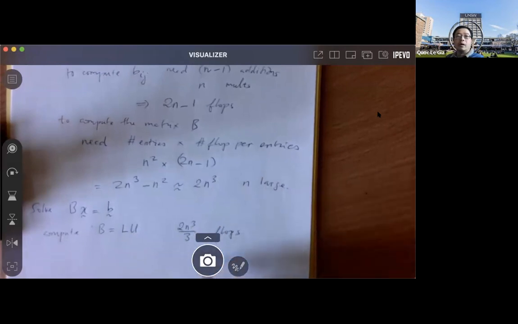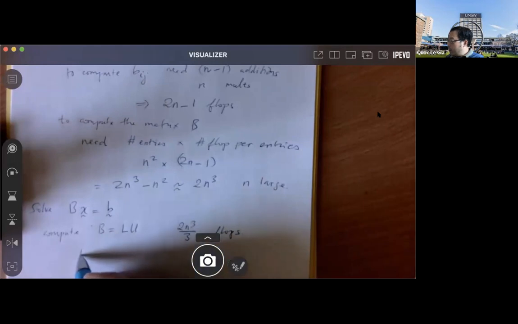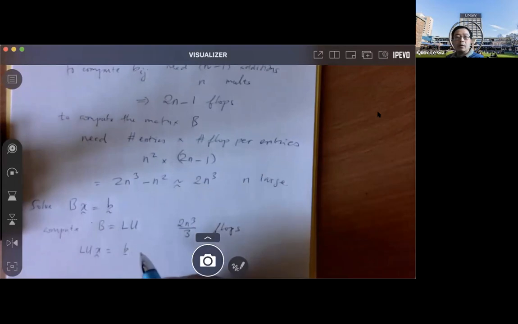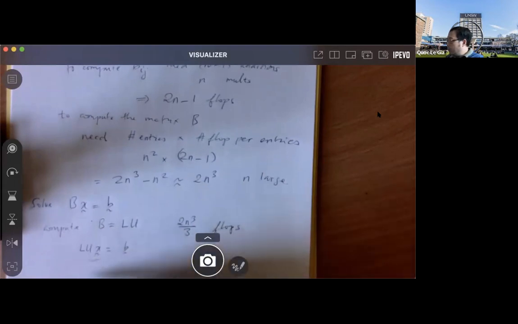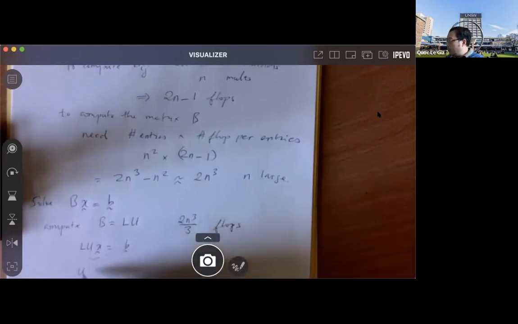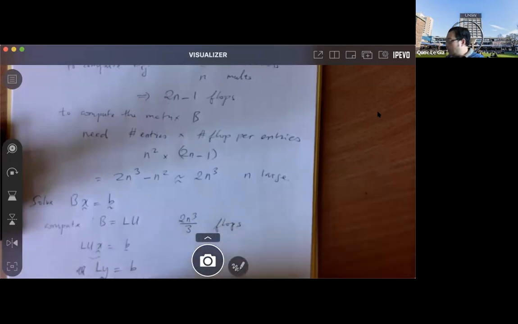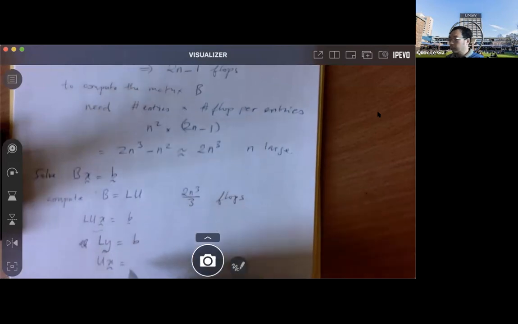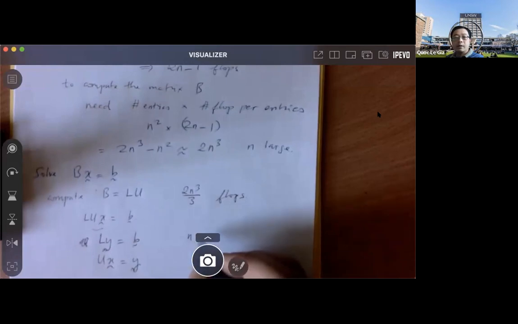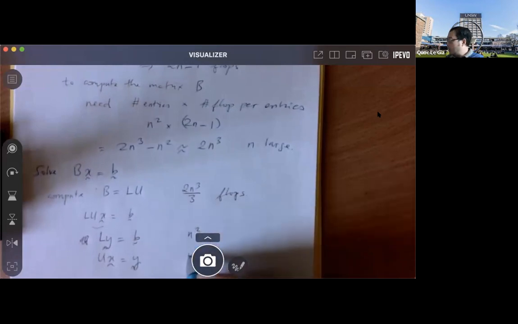Then you have LUx equal b. So maybe you solve Ly equal b first. So you solve Ly equal b, then you solve Ux equal y. So this one will take n squared operations, and this one n squared flops.